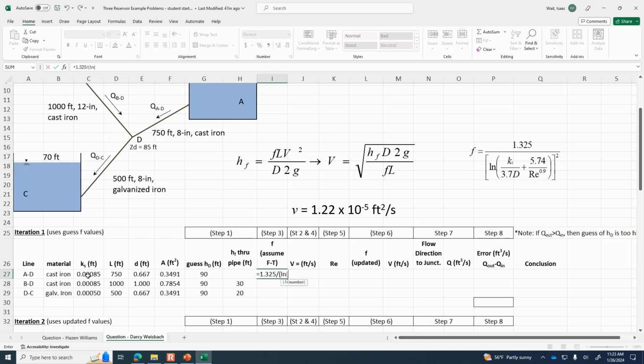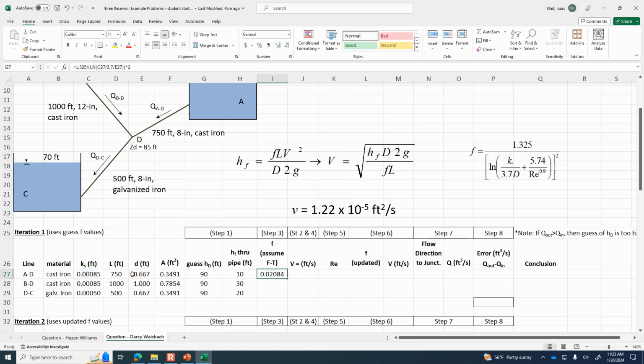So 1.325 divided by the logarithm of K sub s divided by 3.7 divided by D, and then close parentheses, and then that entire denominator is squared. So the squared term needs to be outside of the logarithm. So we're squaring it after it's done the logarithm function on K sub s divided by 3.7D.